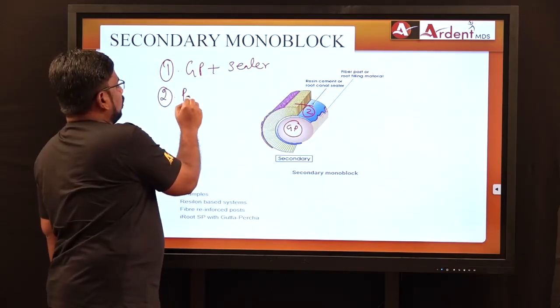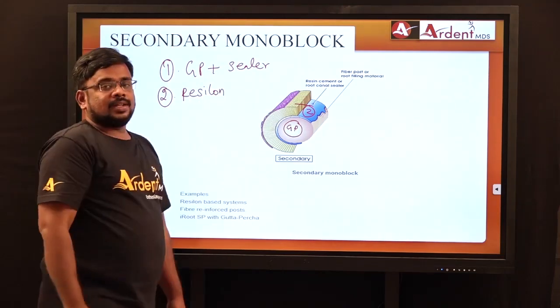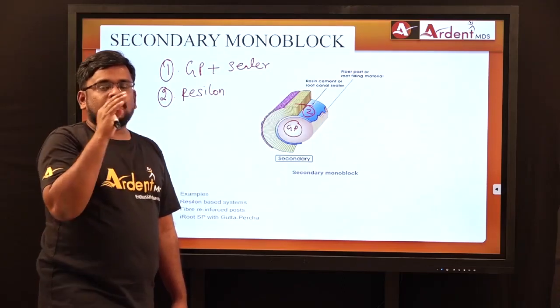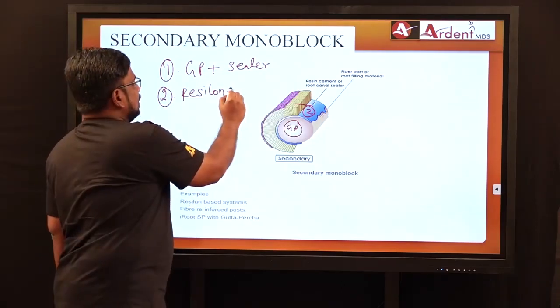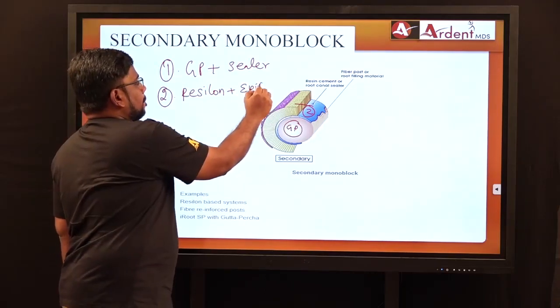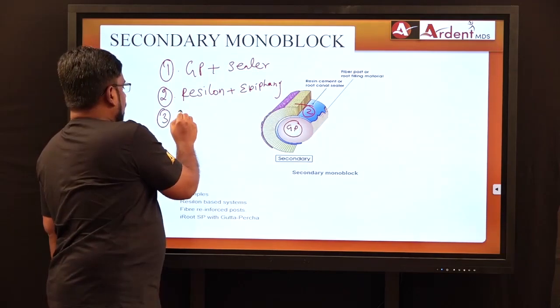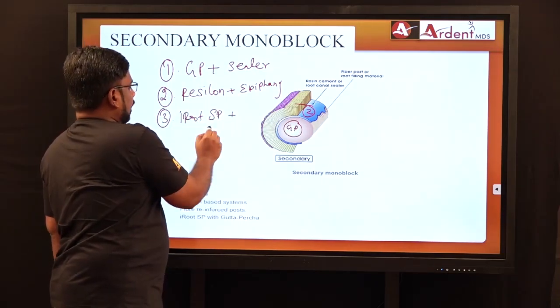Either you can go for a secondary monoblock with your Resilon system. Resilon is a core material like your GP. Over that you can apply the sealer. The sealer for Resilon is Epiphany. Or you can use I-root SP with Gutta-Percha.